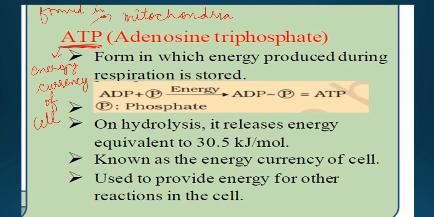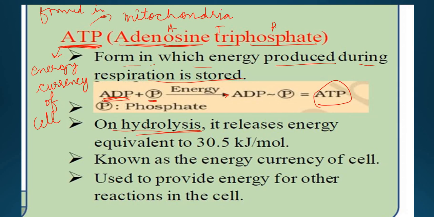Now its full form is adenosine triphosphate. It is the form in which energy produced during respiration is stored. Look, if here is adenosine diphosphate plus phosphate, energy is being given to form ATP molecules.